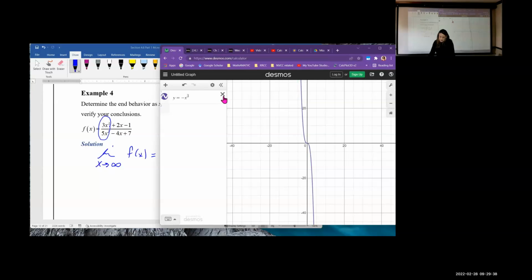So let's graph it real fast and see what we have. So we have y equals 3x squared plus 2x minus 1 divided by 5x squared. Oh, and I'm not typing. My bad.